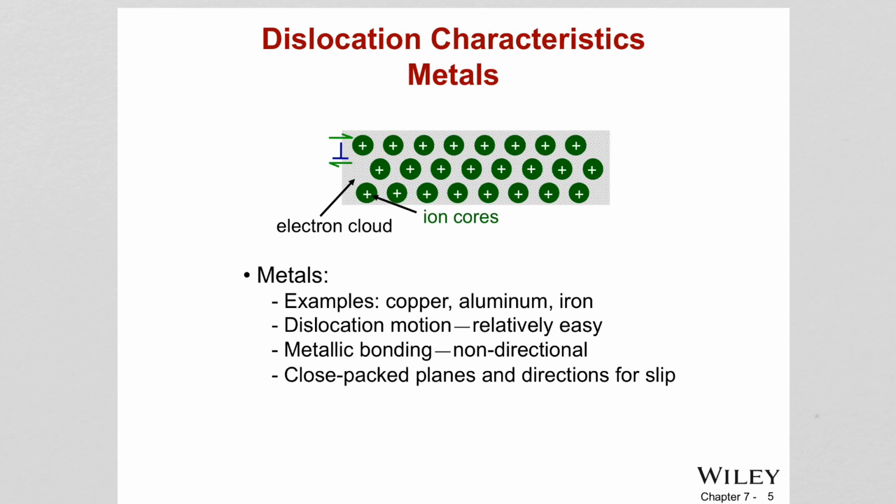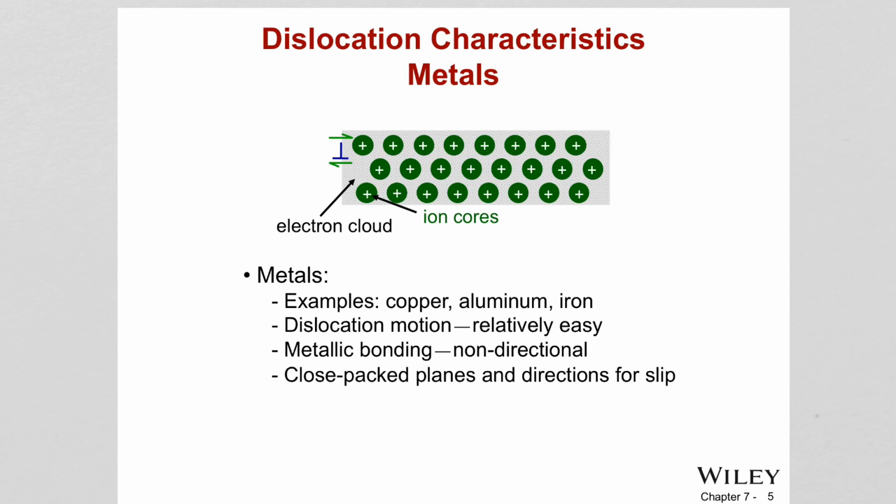Remember also that when a dislocation is moving, the bonds have to break and then form again and again. So in copper, aluminum, and iron, these metals, dislocation motion is relatively easy compared to other types of materials. And we learned metallic bonding is non-directional, and this also makes this motion easy.